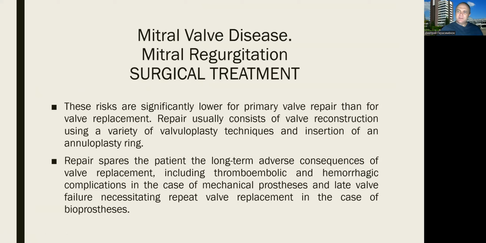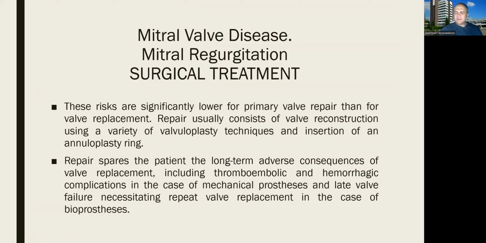Mitral regurgitation surgical treatment. These risks are significantly lower for primary valve repair than for valve replacement. Repair usually consists of valve reconstruction using a variety of valvuloplasty techniques and insertion of an annuloplasty ring.